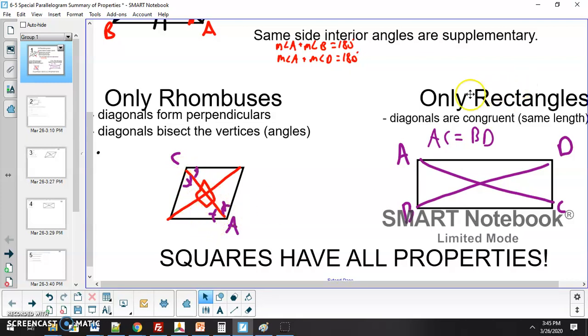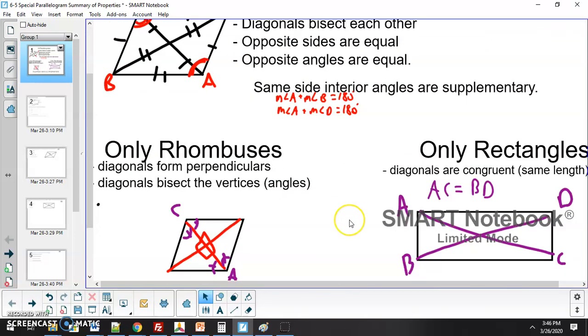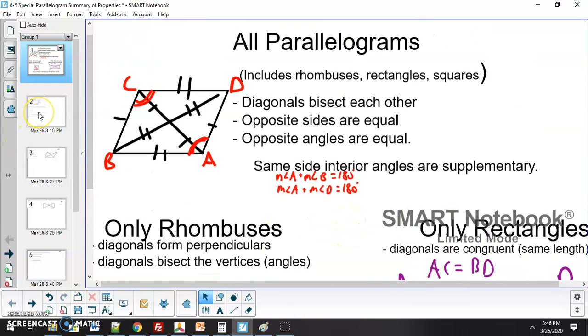And only rectangles: diagonals are congruent only in rectangles, or isosceles trapezoids, but that's nothing you have to worry about for this test. Squares have all of these properties. Everything up here, squares have, so make sure you use those.